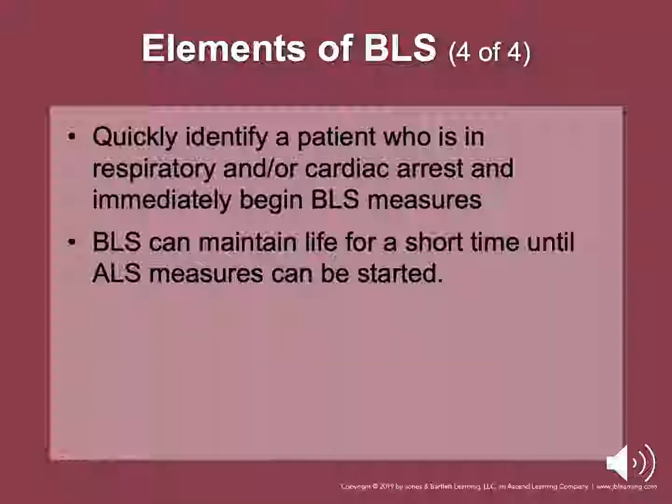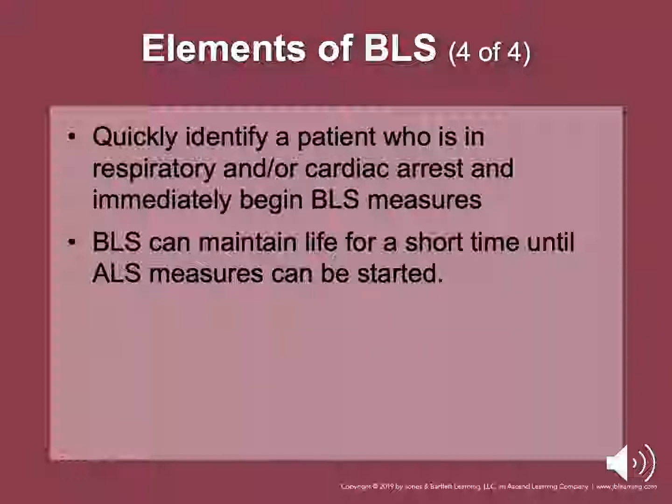All right. Quickly identify the patient who is in respiratory and/or cardiac arrest and immediately begin BLS measures. ALS often involves cardiac monitoring, administration of IV or IO fluids and medications, and the use of advanced airway adjuncts.